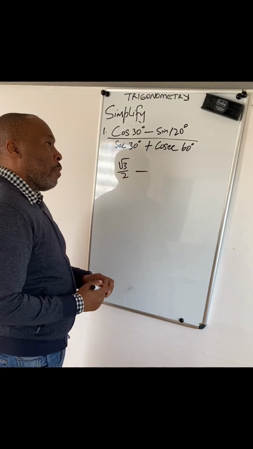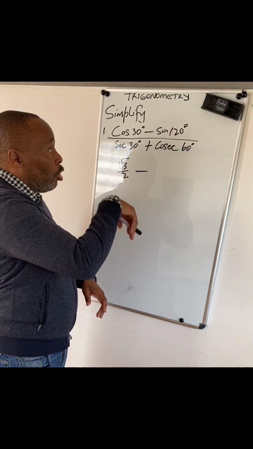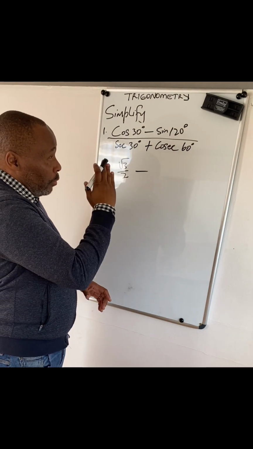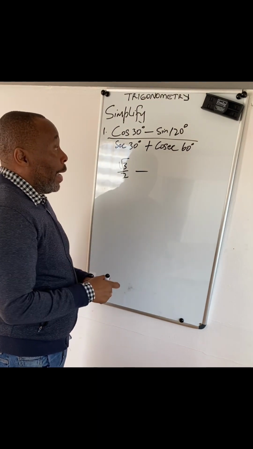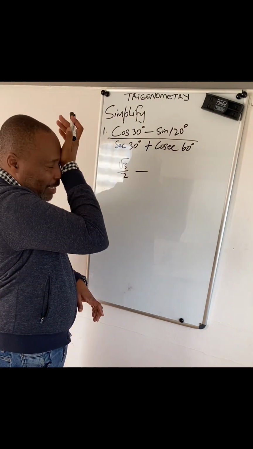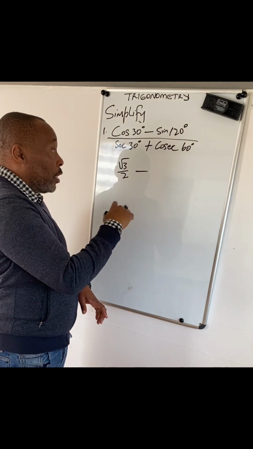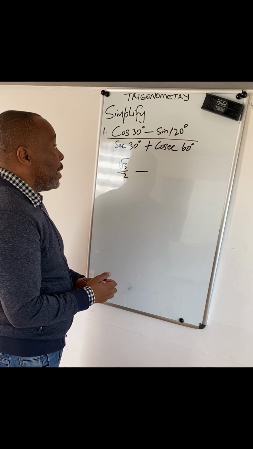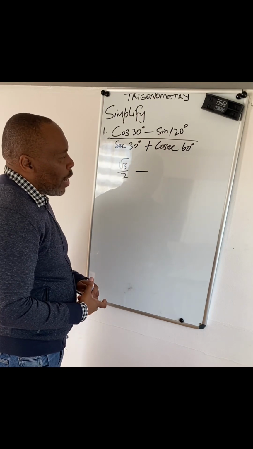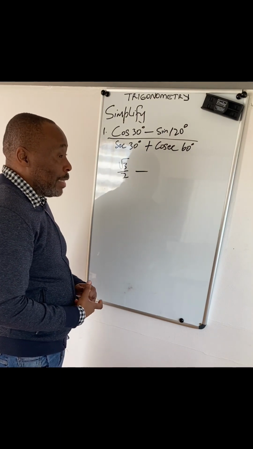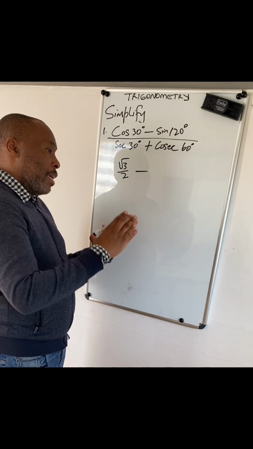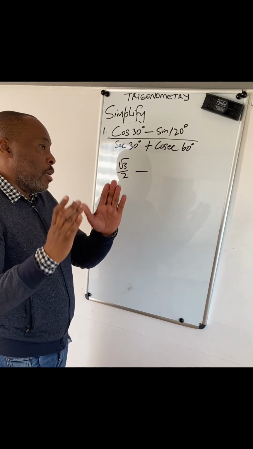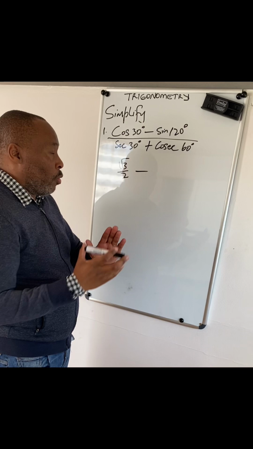Sine 120 is an obtuse angle, and we know that sine in the second quadrant is positive, so it remains as it is. Sine at 120 is the same as sine at 60 degrees, because 60 and 60 make 120.